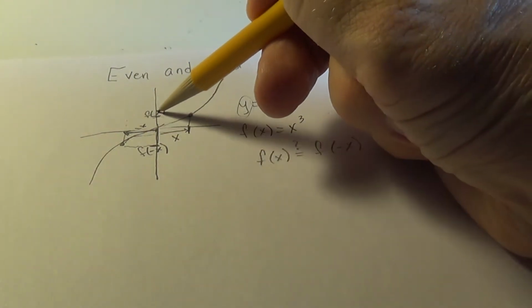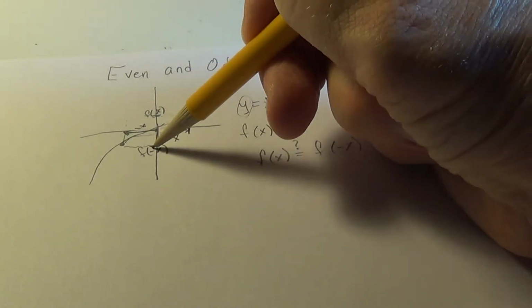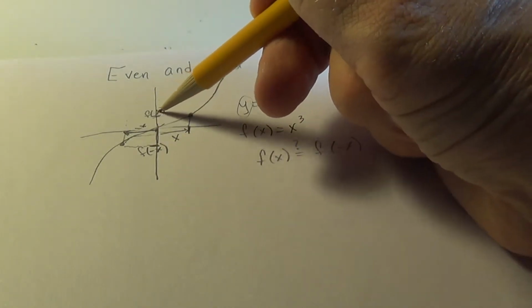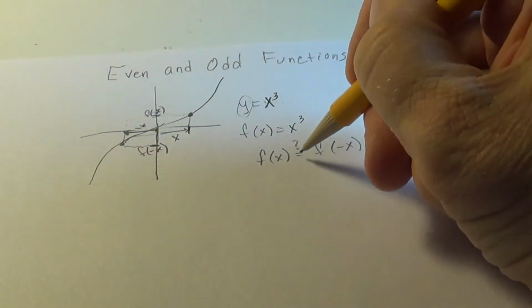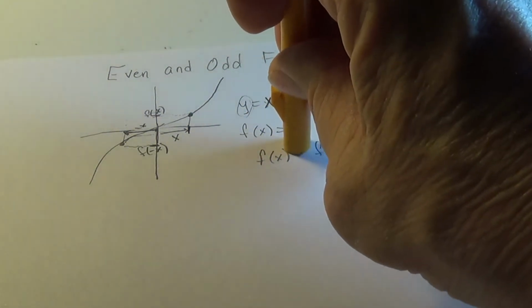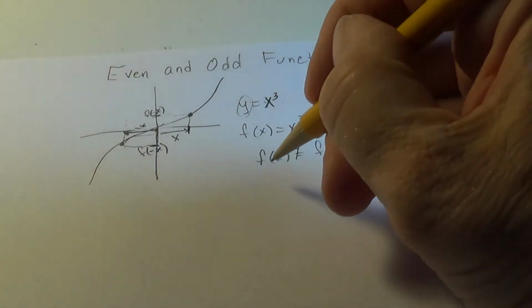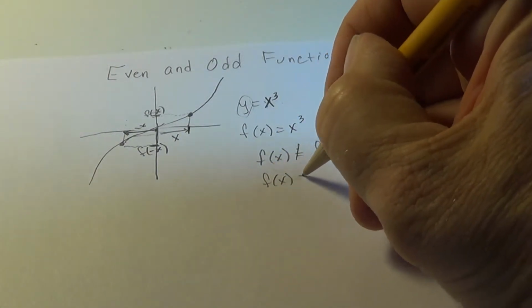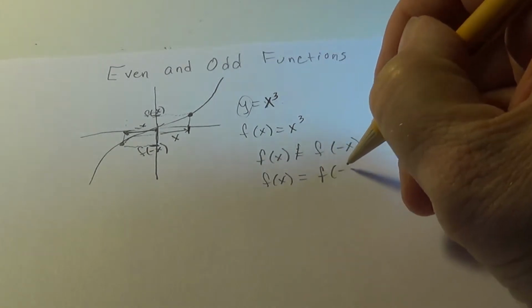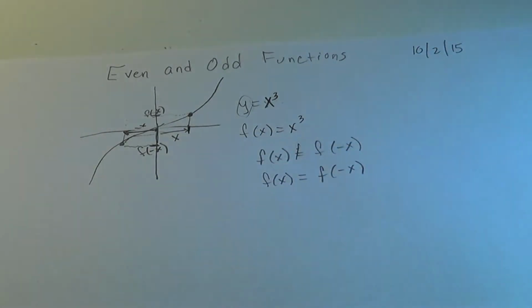Notice the value f of x and the value f of minus x are not equal. One is positive and one is negative. So there's no question about it anymore. These are not equal. But there is a quick adjustment I can make. Can you think of what it is? So that these two statements would be equal.